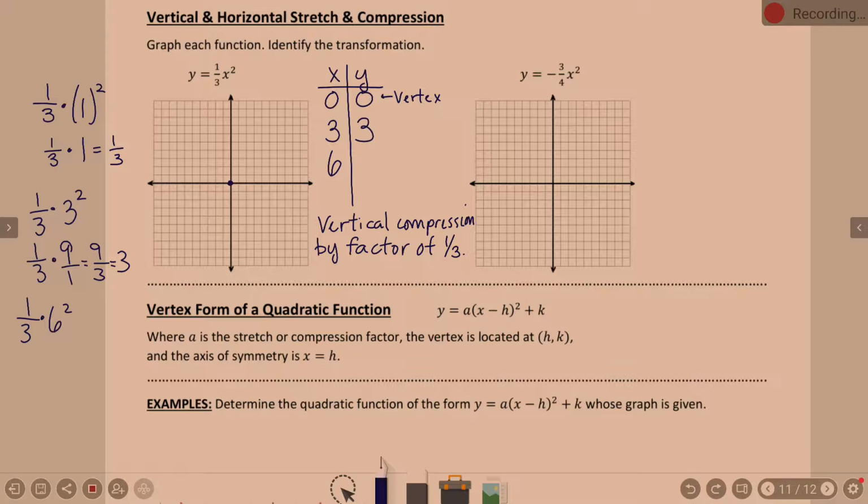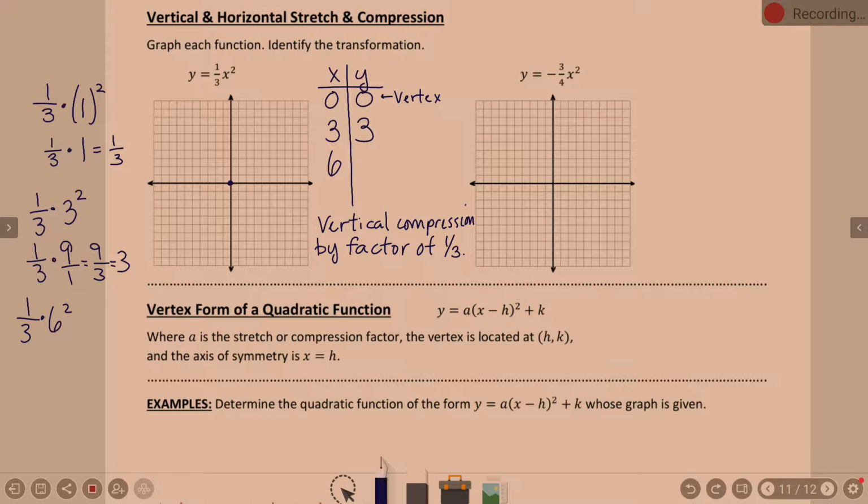1/3 times 6 squared. Remember, Aunt Sally wants you to do your exponents first, yes? We all know Aunt Sally? No, because you guys use PEMDAS. Yeah. That's who you guys know as PEMDAS, right? Exponents come before multiplying. Sorry, I'm old school. I say please excuse my dear Aunt Sally.